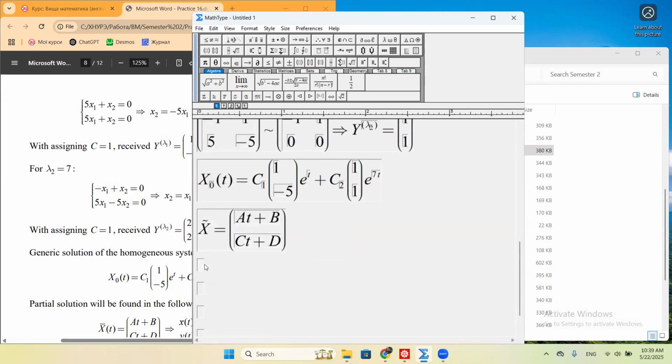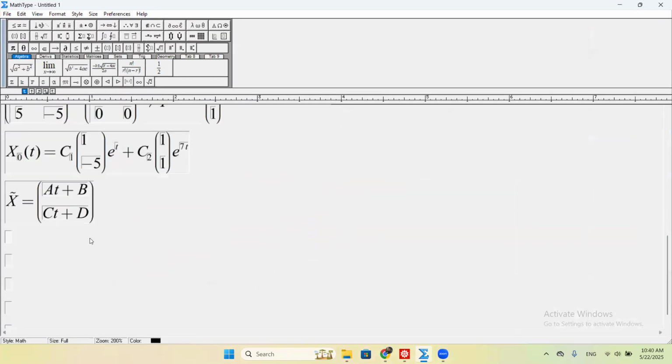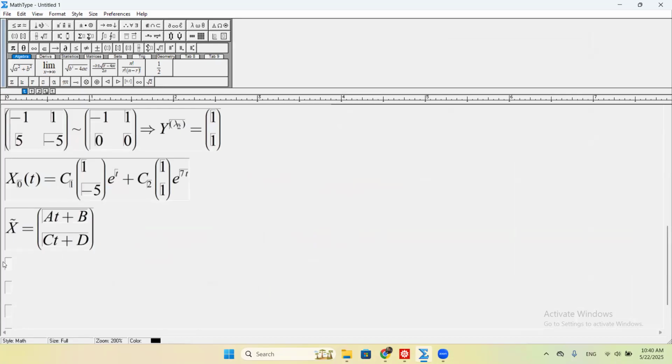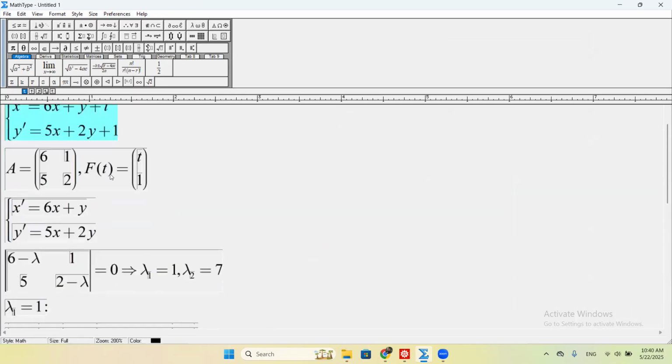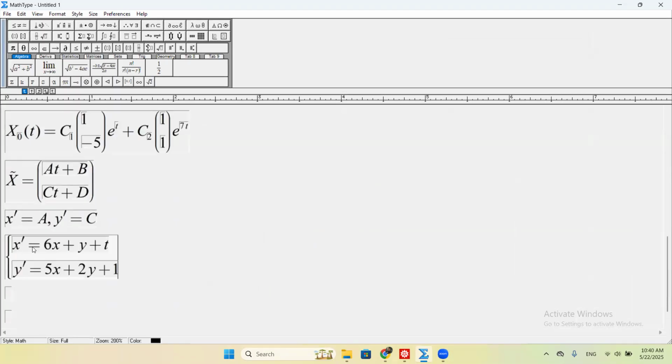How to find the coefficients? We will substitute them into the initial system. So x prime will be equal to a, y prime will be equal to c. Now substituting into the initial system.